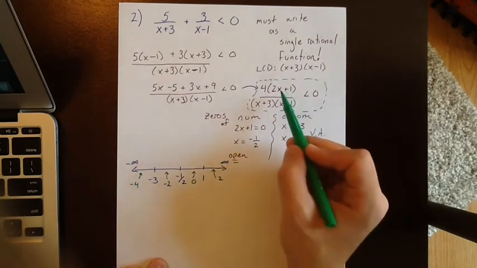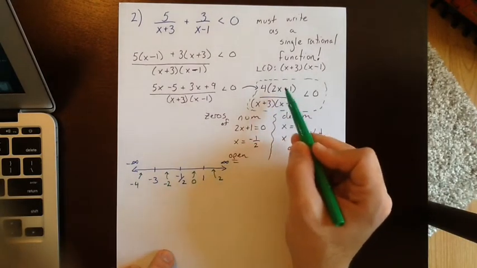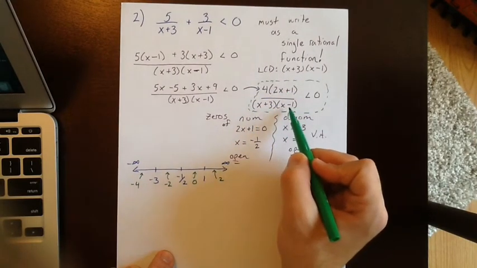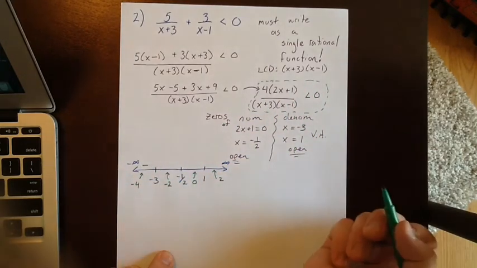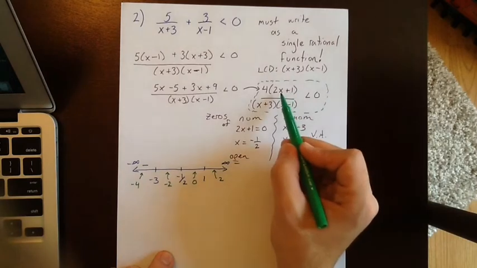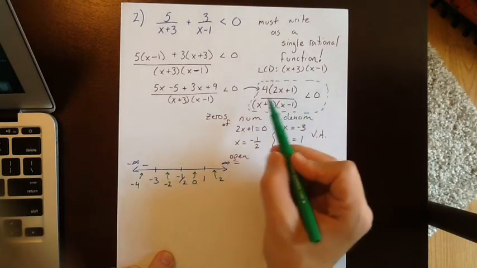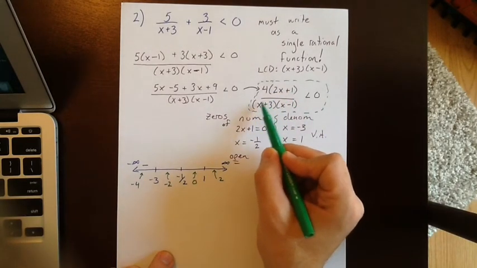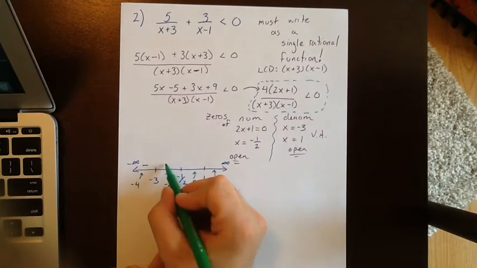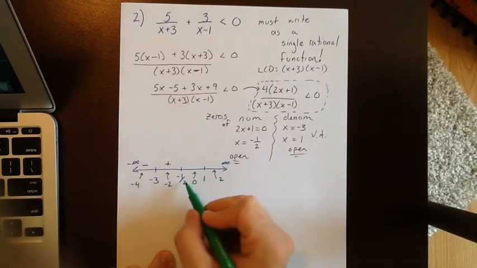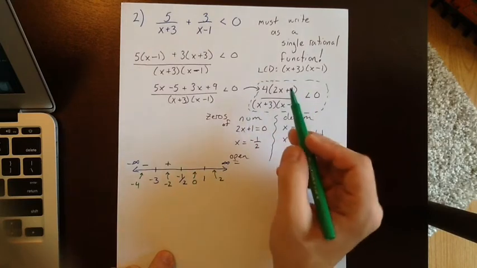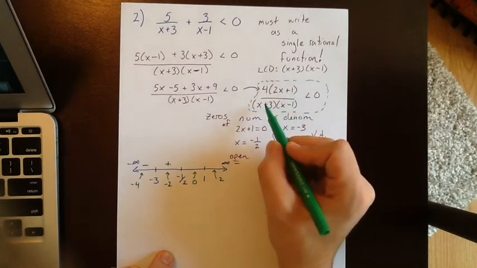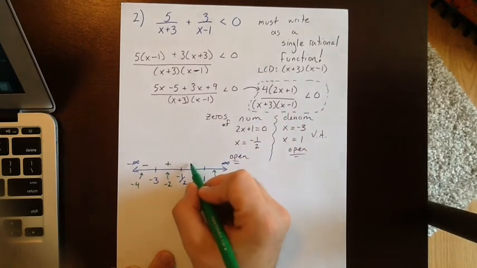Place -4 in, we're getting negative on top, negative, and negative. So 3 negatives remain negative. Placing -2 in, we're getting a negative number, a positive, and a negative. Placing 0 in, sorry, we get positive, positive, negative.